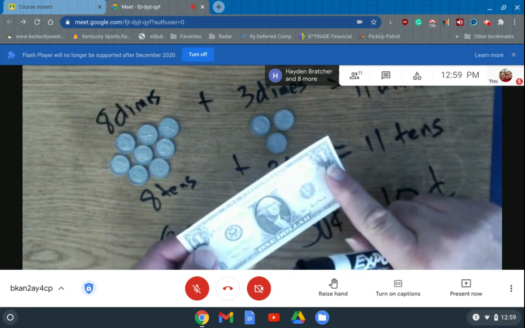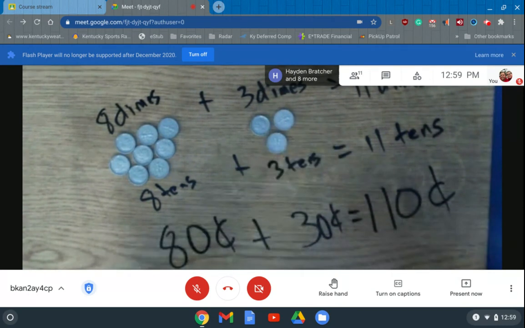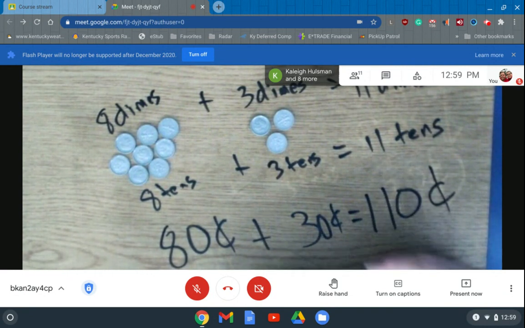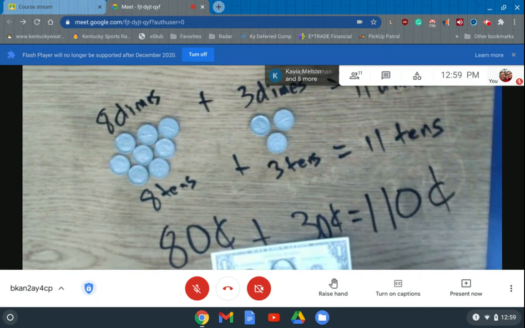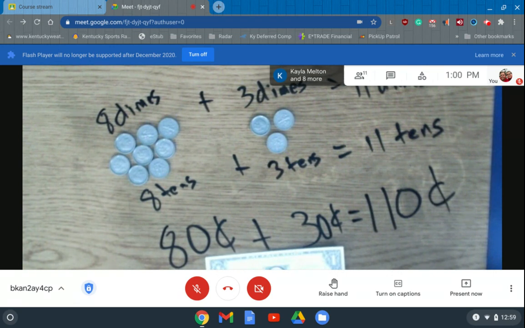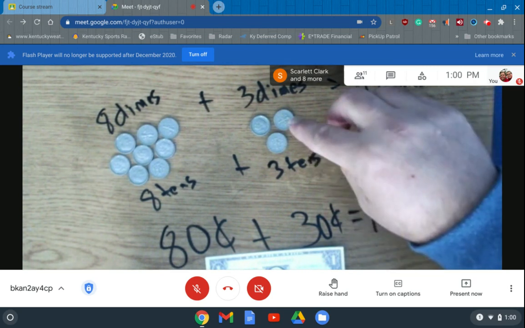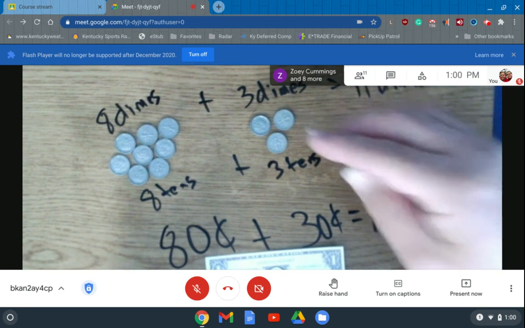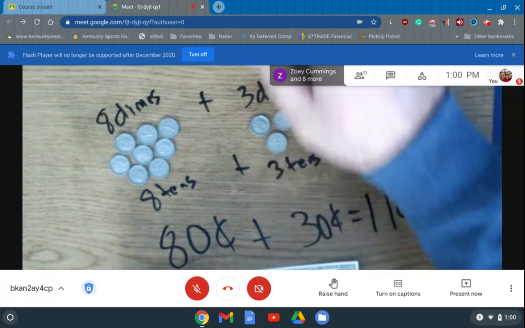It has the 1 for $1, but $1 is 100 cents. All right. So, Callie, what do I need to do? You need to trade. You need to keep 1 dime and trade all the other ones out for the $1. Oh, I'm so glad she told me to do it like that.